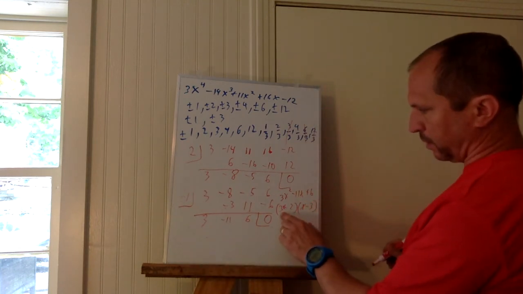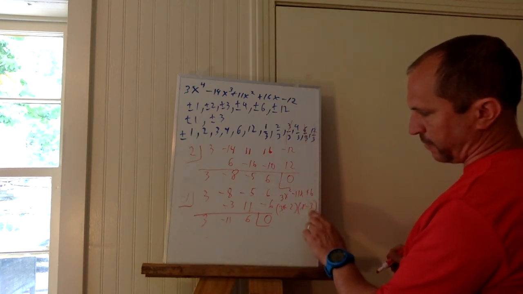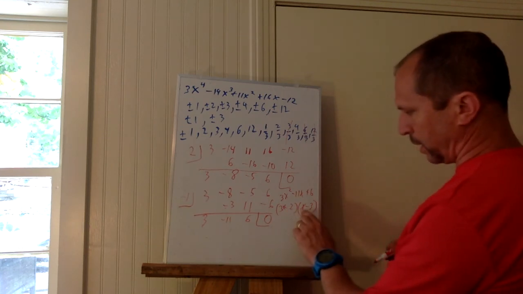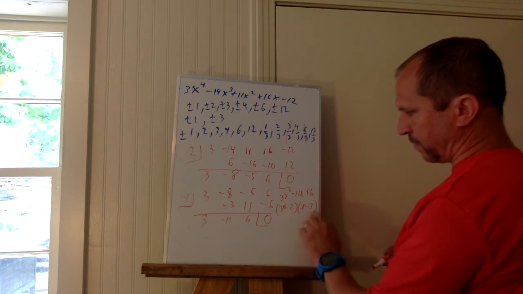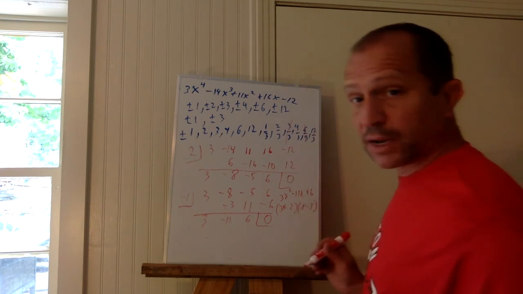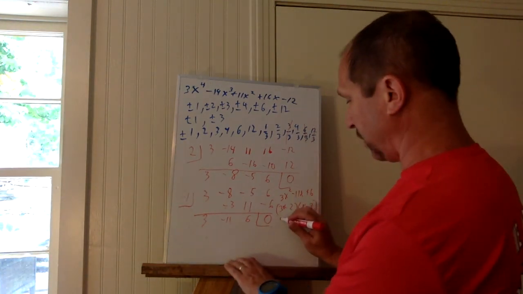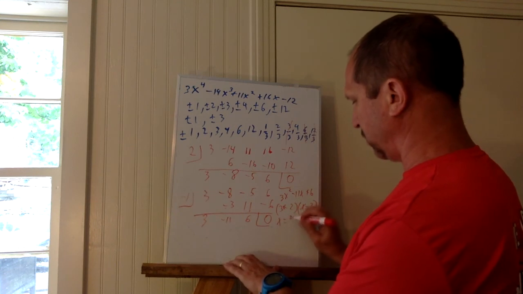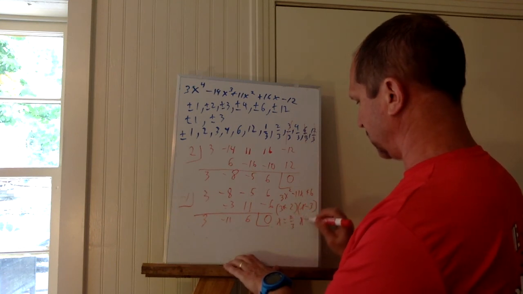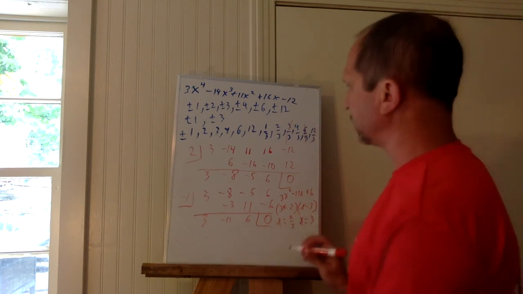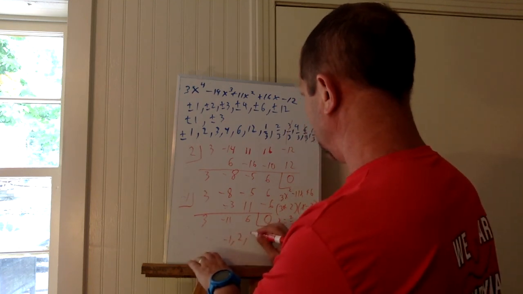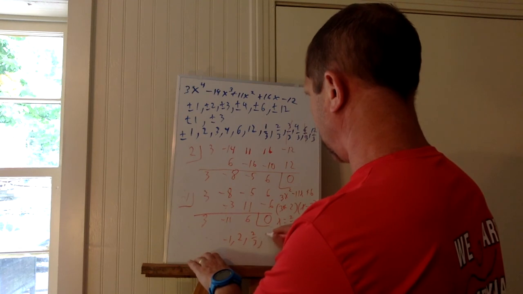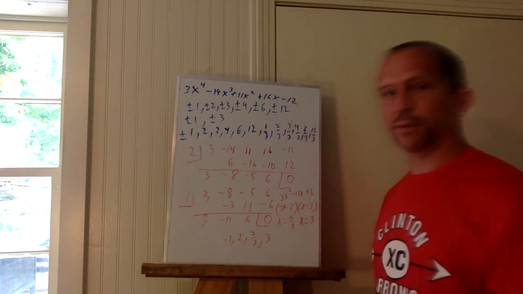Okay, 3 times negative 3 is negative 9. Negative 2 and x is negative 2. So negative 9 and negative 2 gives me the negative 11 that I need. So I end up with x equals 2/3 and x equals positive 3. So my solutions here are negative 1, 2, 2/3, and 3. So that gives me my solution.